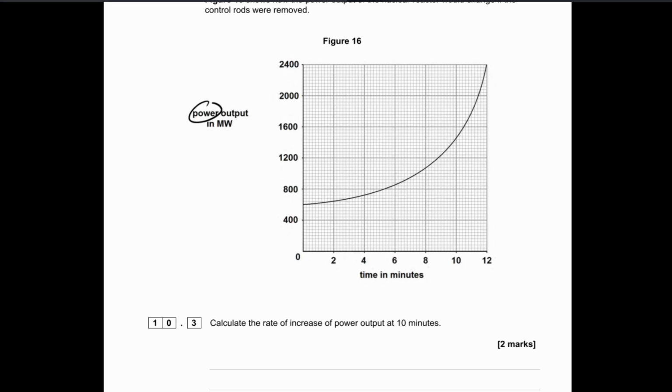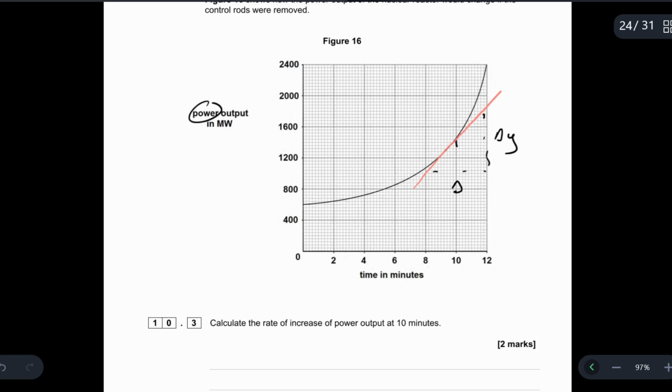And so the way you're going to do this essentially is you will need to draw a gradient. So at 10 minutes, you've got a curve. Now, to calculate the gradient of a curve, you need to be able to draw a tangent. So you want to draw a tangent to this curve like this. Then you can draw on a little triangle, and essentially you can work out your difference in y and difference in x.